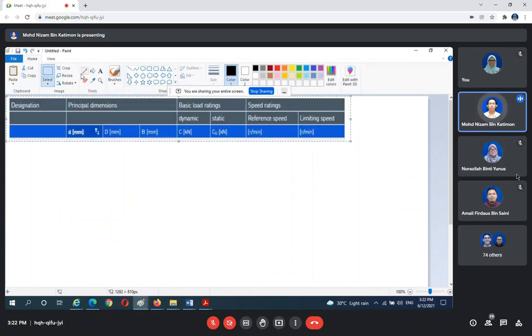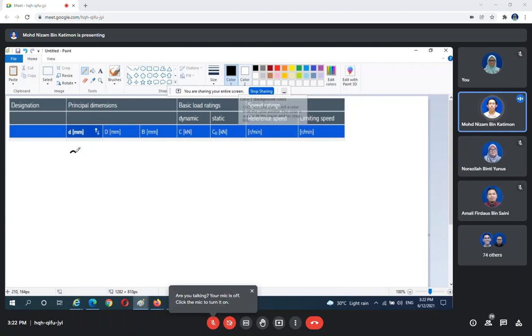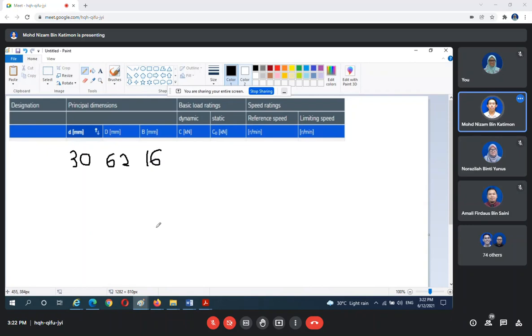The basic diameter is 30. This one is 62, this one 16.